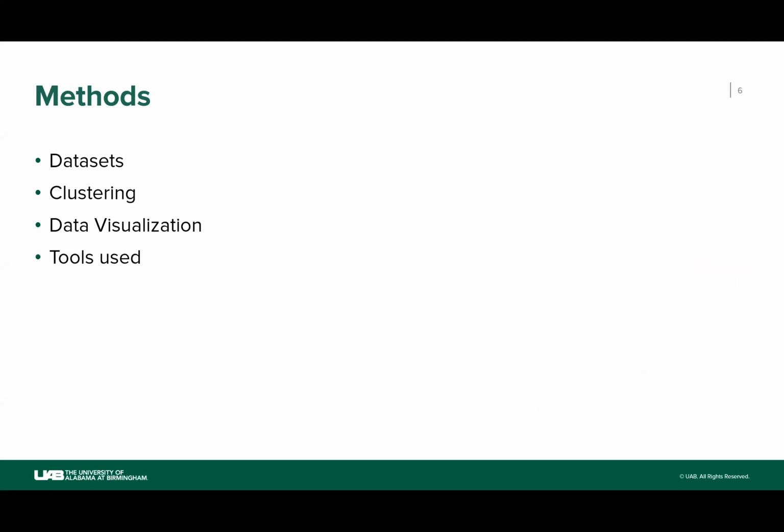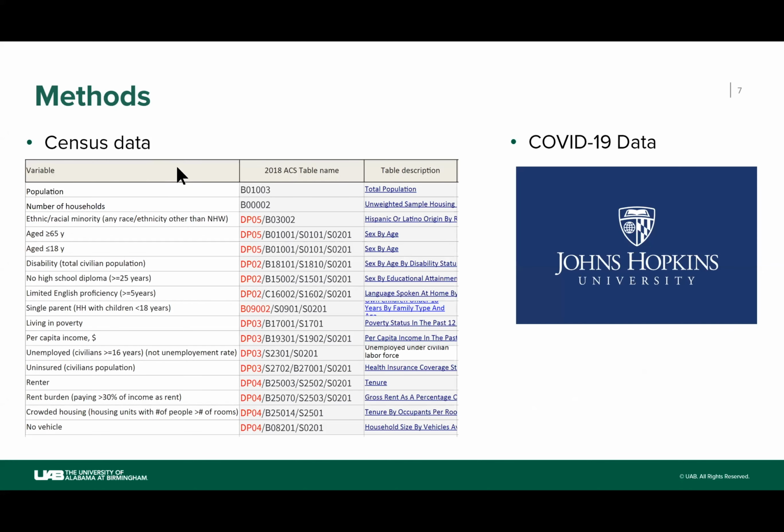describe. So the data sets, and we did some clustering and some data visualization, and we'll list the tools as well. So we primarily used data from the 2018 American Community Survey, a 5-year estimate of variables which kind of replicated the work by Kolak et al.